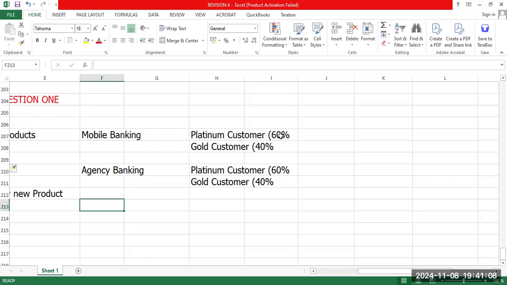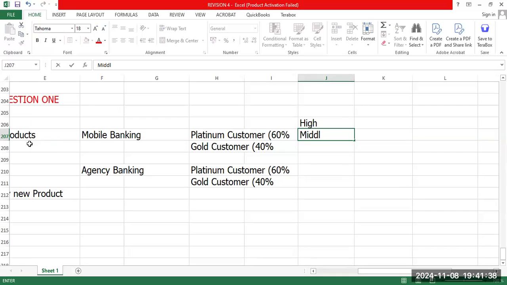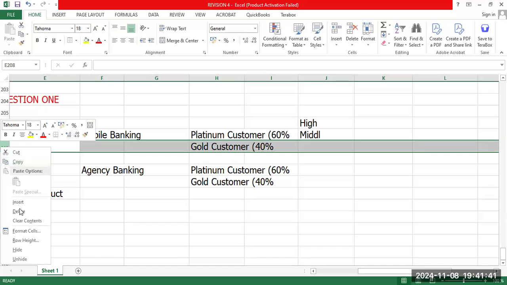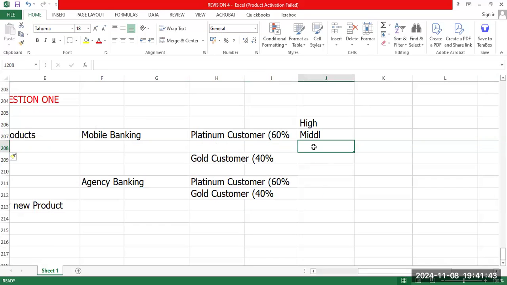Based on the question we have read, we have different income levels for each of our customers. So if you have the category of platinum customer, these platinum customers, of course, also have income levels. We are told high. We are told middle. We are also told low.